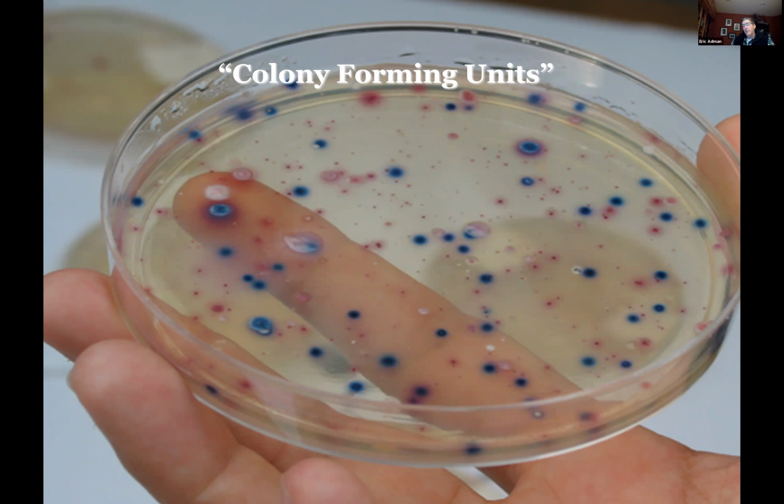Then it's incubated and you grow the colonies until they get big enough that you can see them. When they're big enough that you can see them, those are considered colony forming units. Those are the units that we measure, the things that we count when we measure bacteria.